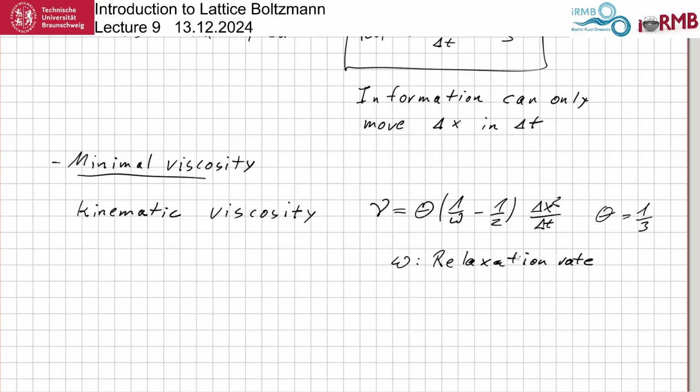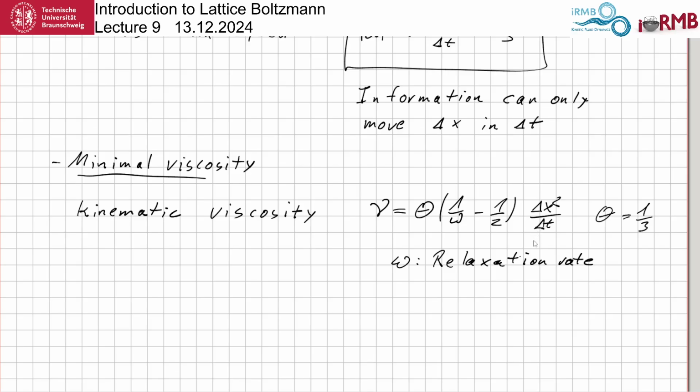So one important thing, this nu, the viscosity, is of course a physical quantity. That's given by your problem, not your choice. So this is air or water. But you can still, in principle, simulate everything with any given omega, provided that you decide on a particular resolution in space and time.